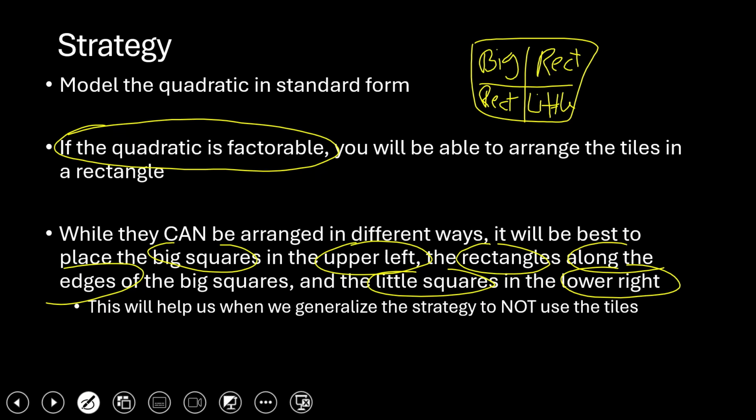So we do want to move away from the tiles. If your tiles are arranged in a hodgepodge way, even if they make a rectangle, it's going to be harder to generalize. And so we want to be consistent with this pattern because of where we're going to go with it, not because it's better or more correct. It's not more correct, but it is going to be more useful.